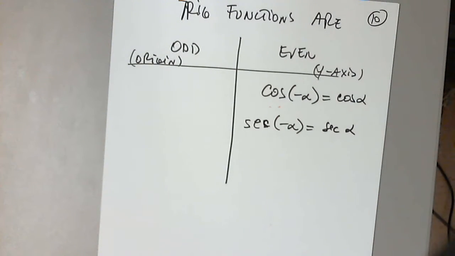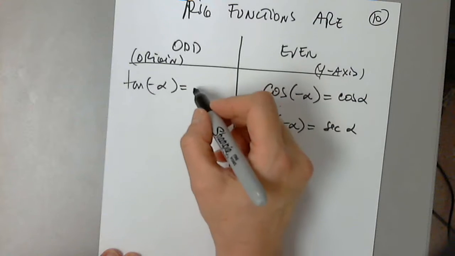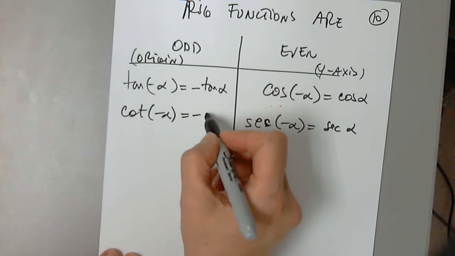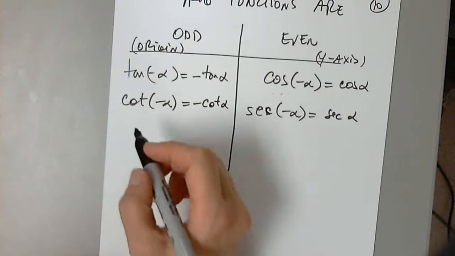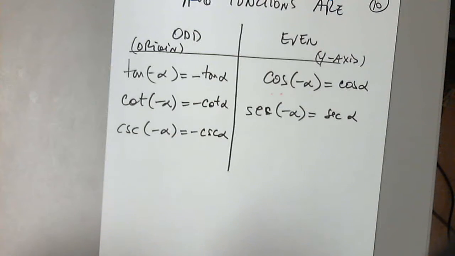These are the only 2 functions that have cosine in them and nothing else. Any function that has sine in it would be an odd function. Meaning, tangent of negative alpha equals negative tangent alpha. Cotangent of negative alpha is negative cotangent alpha. And cosecant of negative alpha equals negative cosecant alpha.